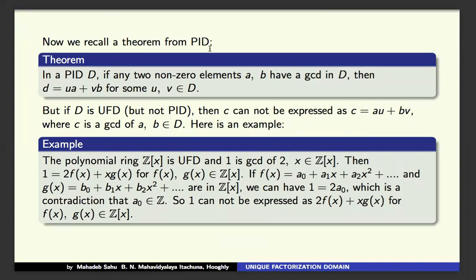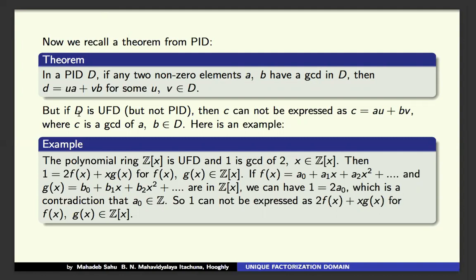Now we recall a theorem from principal ideal domains. In a principal ideal domain, if any two non-zero elements a, b have a GCD, say d, then d can be written as ua plus vb for some u, v belonging to the domain.